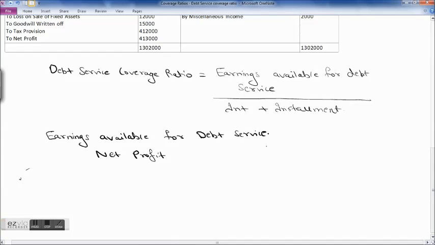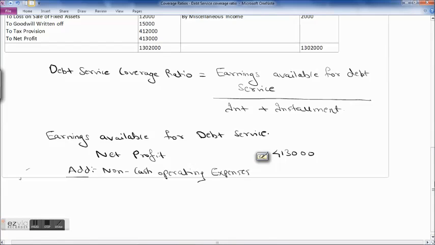4 lakh 13,000. Then there are certain things which we have to add back. First is non-cash operating expenses. So what are the non-cash operating expenses here? Let's see the profit and loss account.